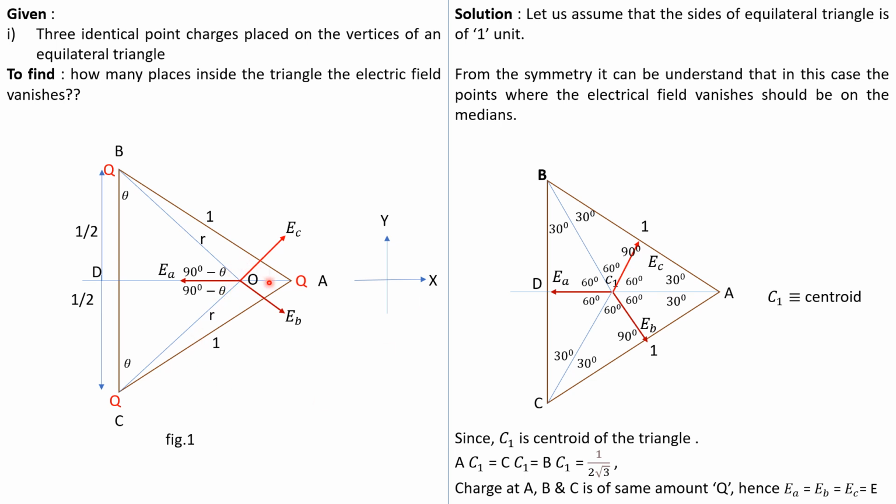We have taken a random point O within the triangle on median AD. We will calculate EB, EC and EA and check on the median at how many points the total electric field will become 0.